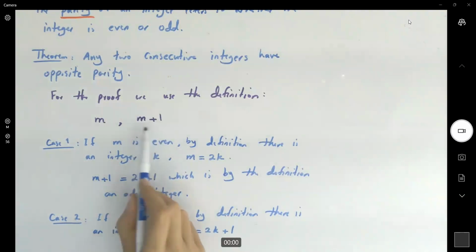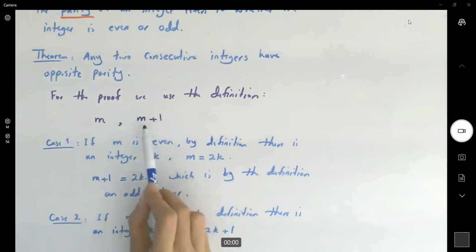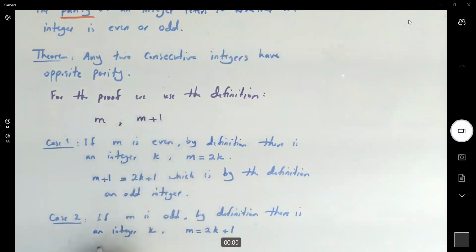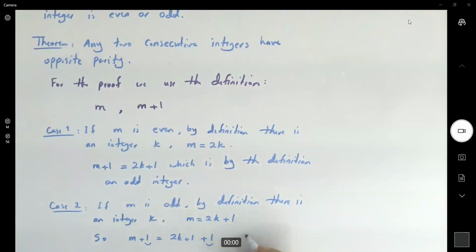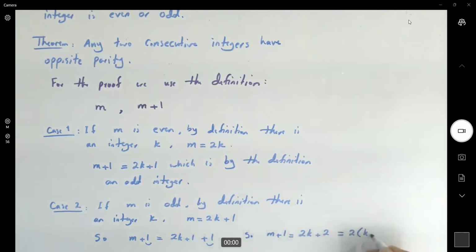Now to construct the second integer, the consecutive, you're adding 1 to both sides. So m plus 1 is 2k plus 1 plus another 1. So m plus 1 is equal to 2k plus 2, or if you factor out 2, 2 times (k plus 1), or 2l.